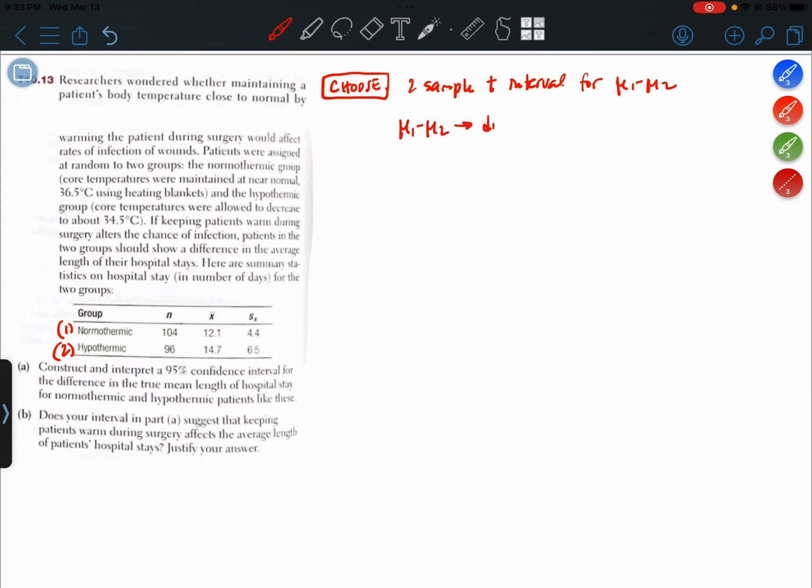It's the difference in the true mean length of hospital stay. Okay, and the order of the difference, it's the normothermic group minus the hypothermic group. Okay. All right, confidence level is 95%.